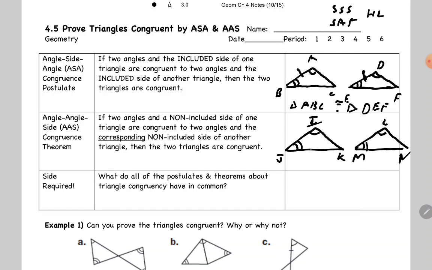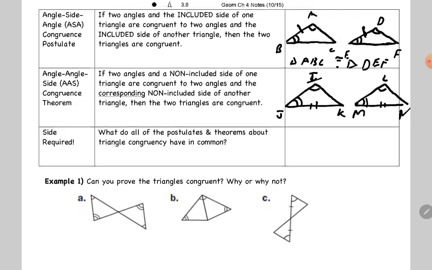And then this side. So two angles and a non-included side. So it works either way, two angles and the side in between, or two angles and a corresponding side. That'll show that triangle IJK is congruent to LMN.